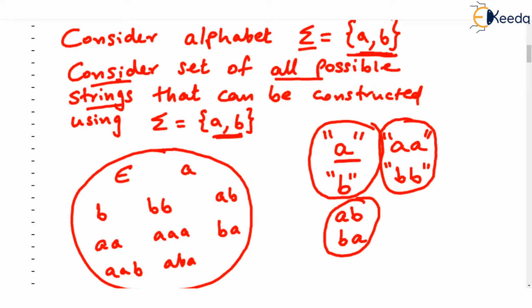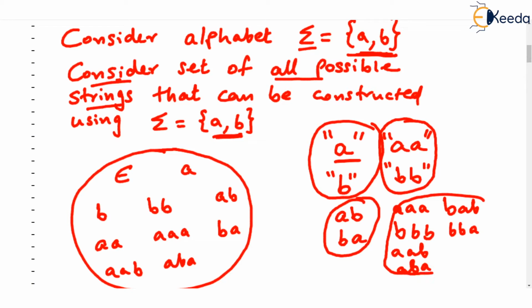Similarly, we can construct three letter strings by not taking B at all, by not taking A at all, and then trying all permutations, all possibilities in this fashion. So there will be a string BAB, there will be a string BBA, and so on. All the three letter strings. I can continue all day like this. We can take four letter strings, five letter strings, infinite letter strings.